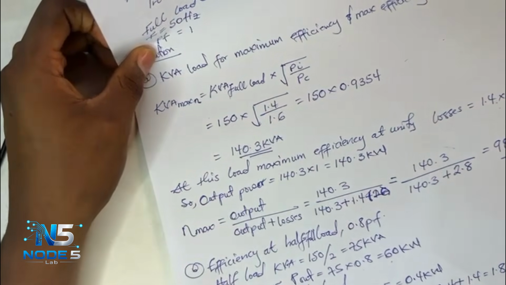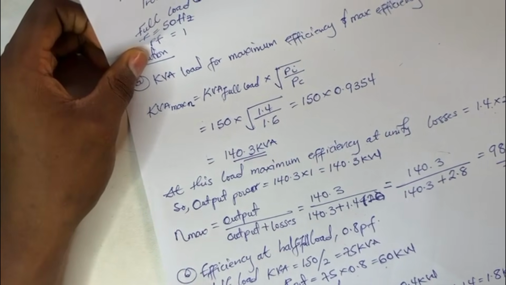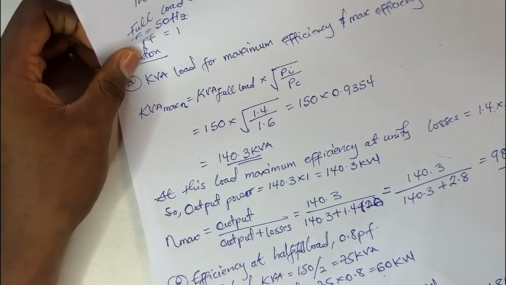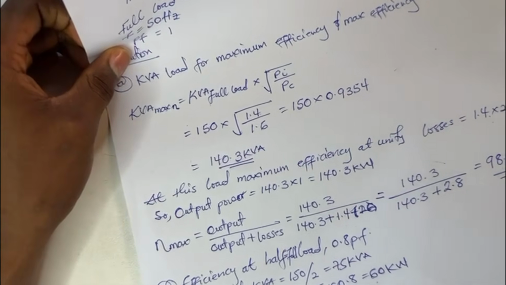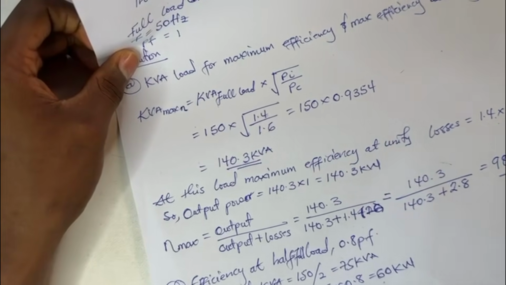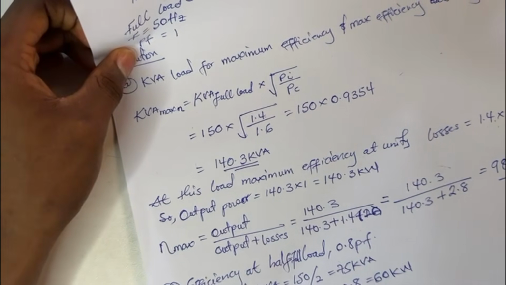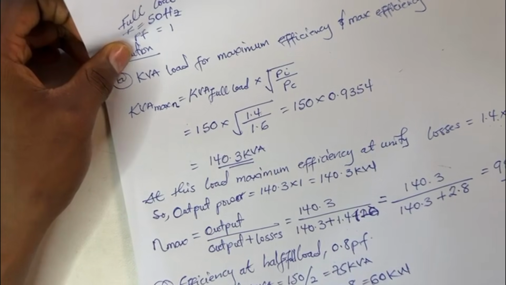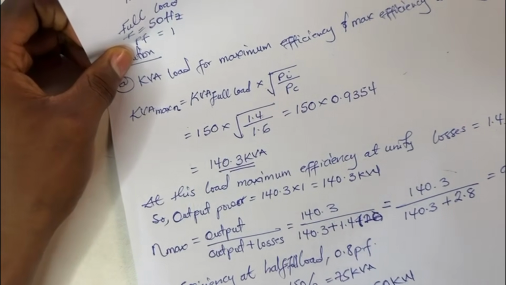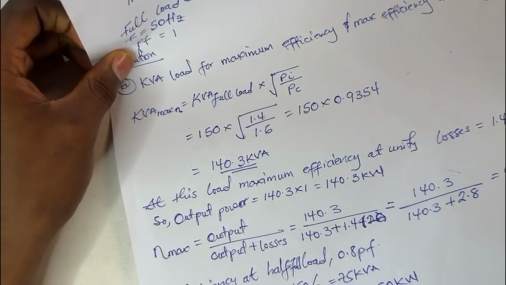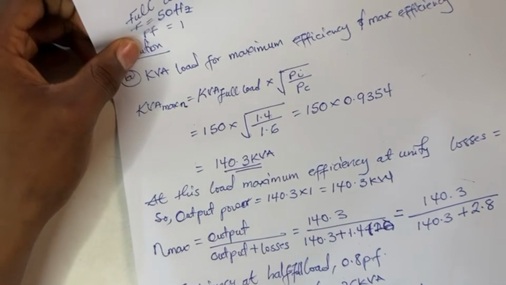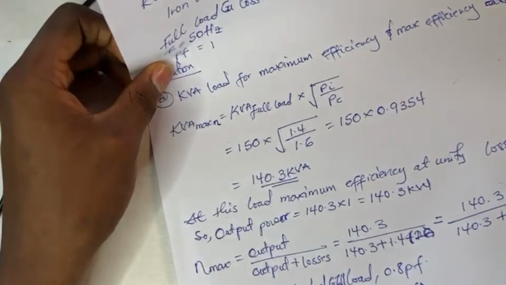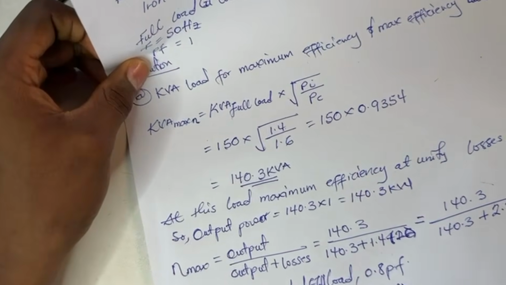The copper loss in the question was 1.6, but now we are talking about half load. So we have to multiply the full load copper loss by the half load squared. The copper loss at half load is equal to the full load copper loss times 0.5 squared.